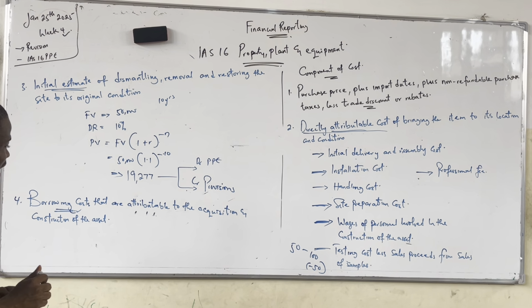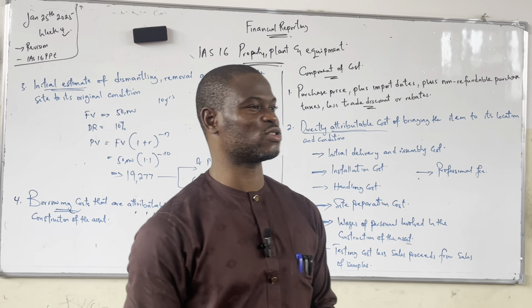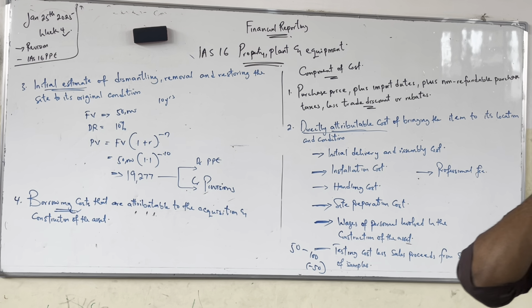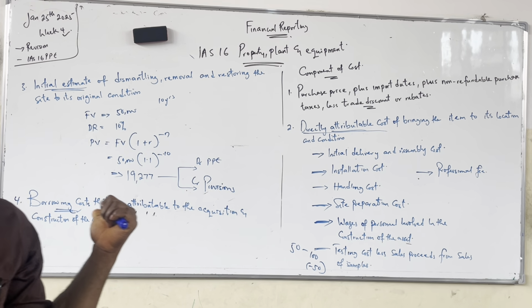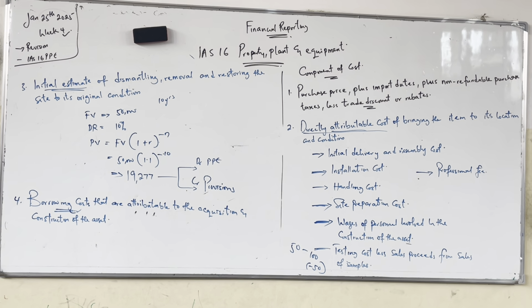And I say it is attributable to the acquisition and construction, which means that as soon as the construction is complete and you are still paying interest, that interest will not be added to the cost of the asset anymore, because it's not attributable to construction anymore. It's attributable to usage.